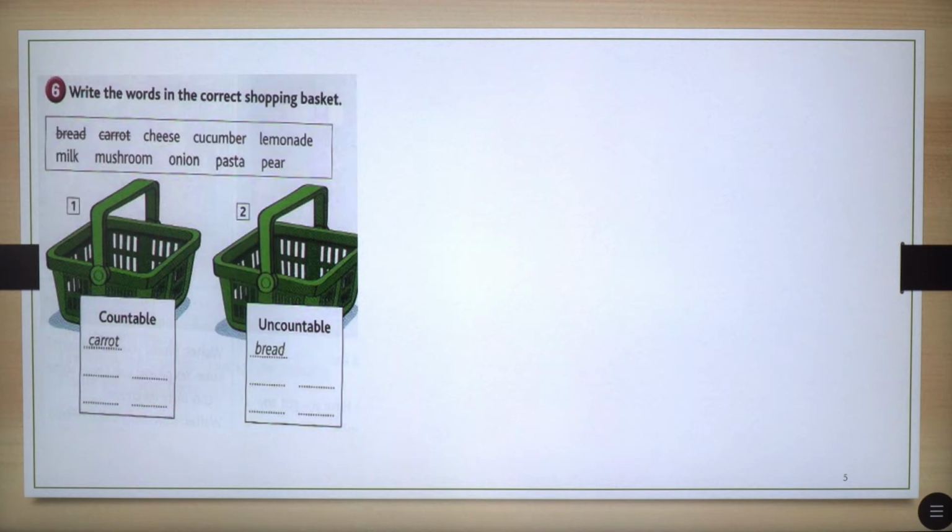When we talk about countable and uncountable nouns, I know that you learned about countables and uncountables in previous years.